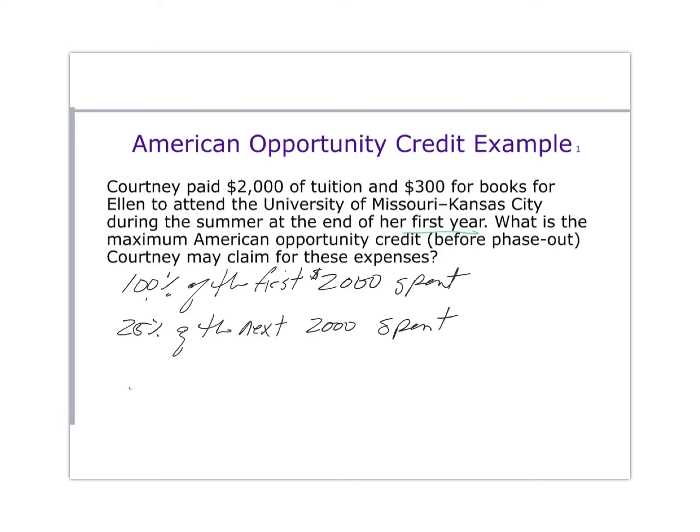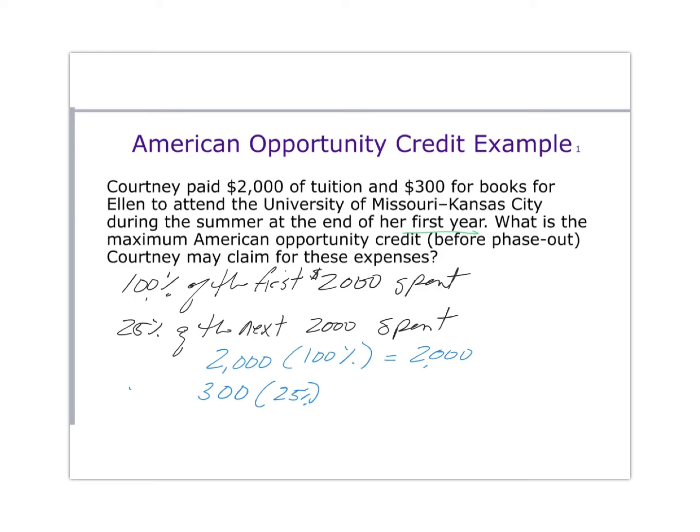So what does that say for Courtney here? All right, so in Courtney's case, we get $2,000 times 100%. That's her first $2,000. Her next $2,000 increment, she only has $300, all right? And she gets 25% of that. So she gets $2,000 of that potentially. We haven't applied the phase out yet.